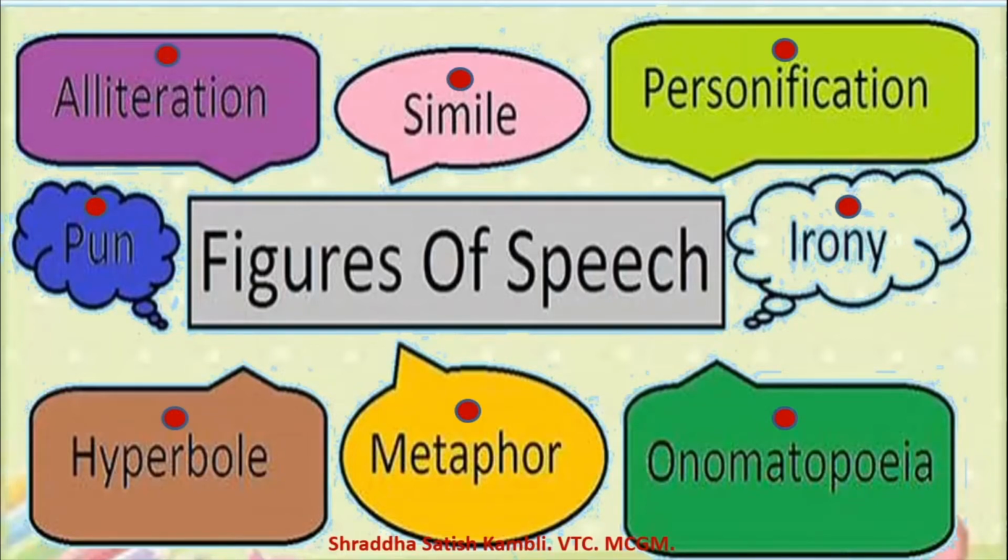So these are the more commonly used figures of speech we find in our textbooks. There are many others also children. When you go to college and learn English as your special subject, you will see that there are many more figures of speech that you will be able to learn. So today we will try to look at some of these figures of speech.